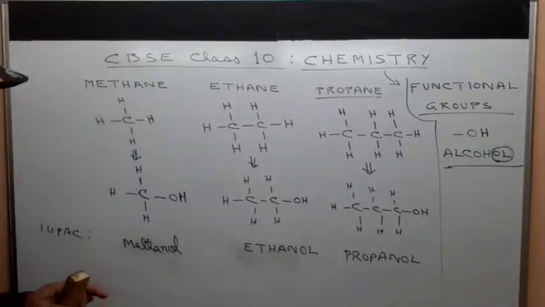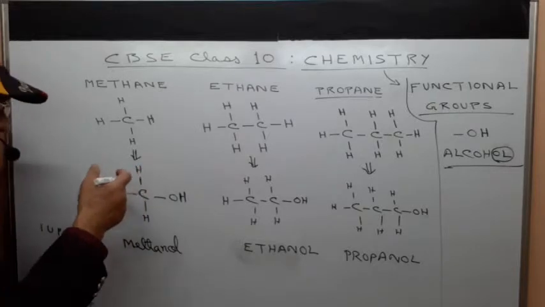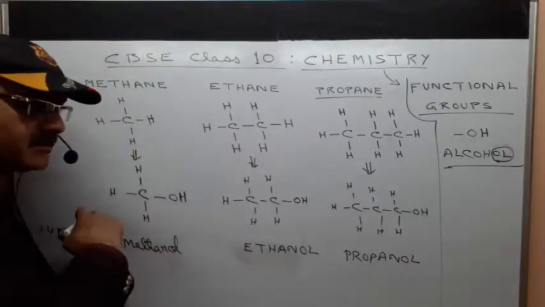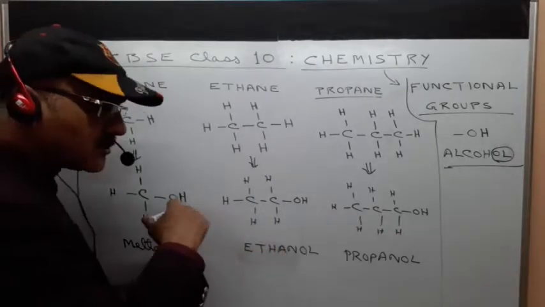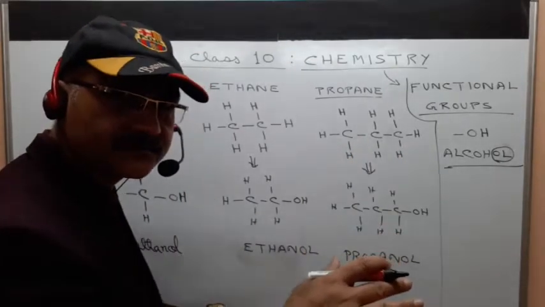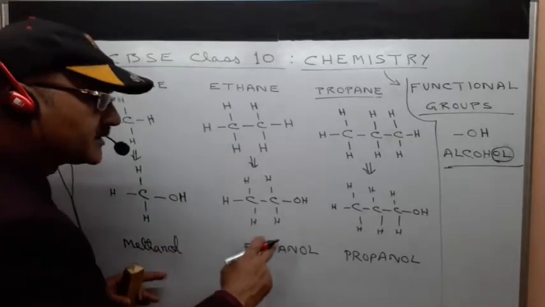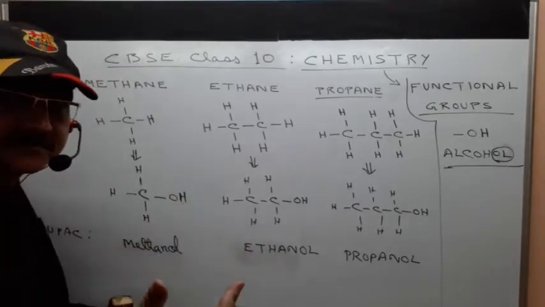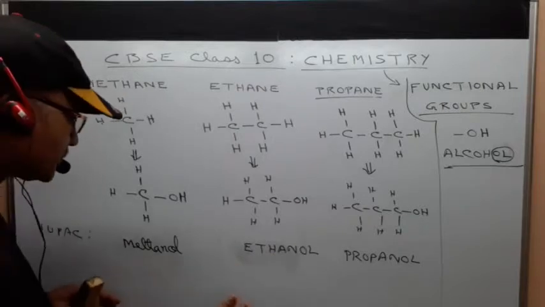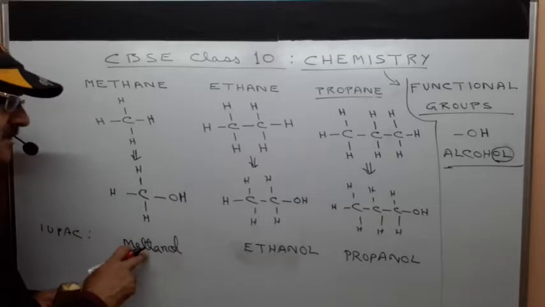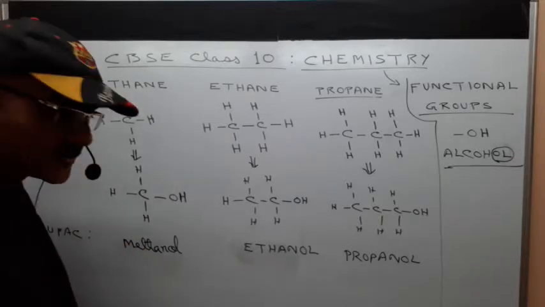Okay? Now, this methanol, ethanol, propanol, they behave similarly. They are all called alcohols. Now, this methanol or ethanol, they have another name. So this name is as per IUPAC, but this has another name which is commonly used.